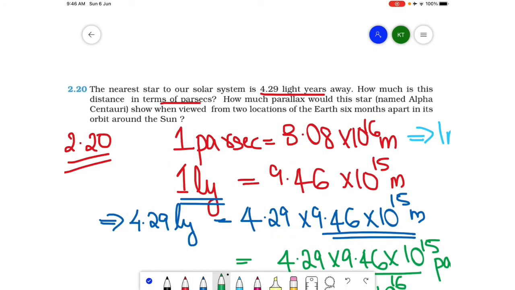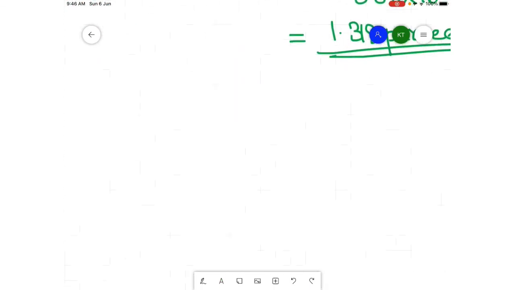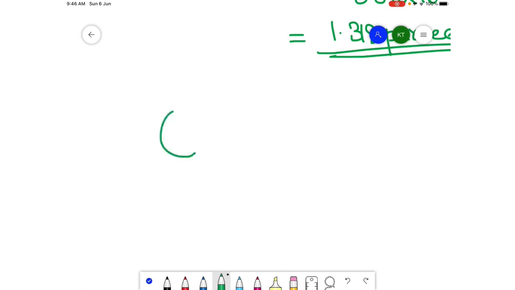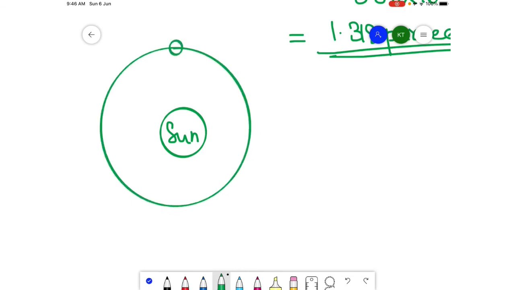How much parallax would this star show when viewed from two locations of the Earth 6 months apart in its orbit around the Sun? So, we've got the Sun here. We've got the Earth orbiting around the Sun 6 months apart.